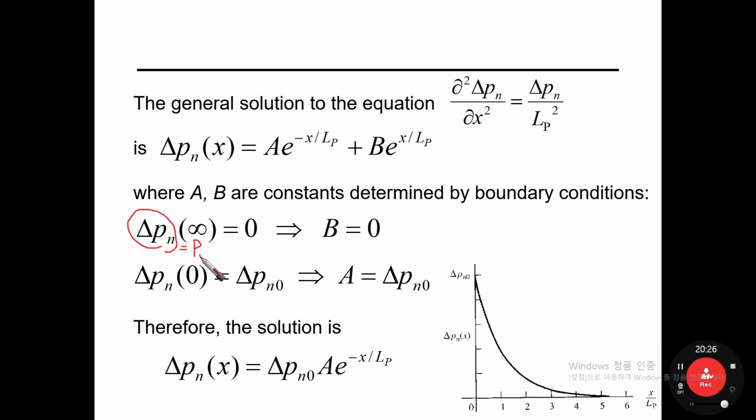Delta p_n is defined as p_n minus p_n naught. So p_n naught is always constant. What about p_n? It means the hole concentration in the n-side material, but at x of infinity.